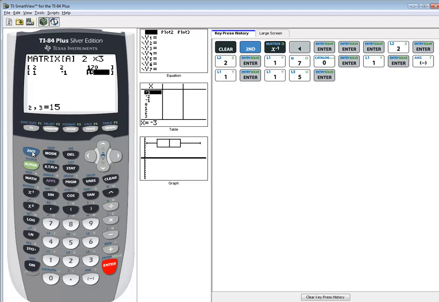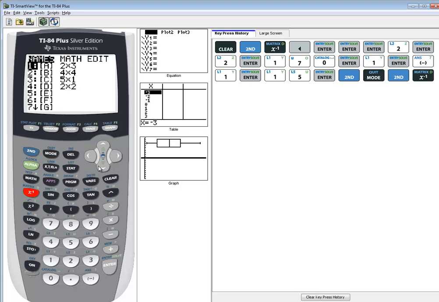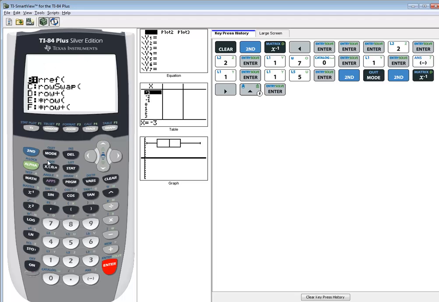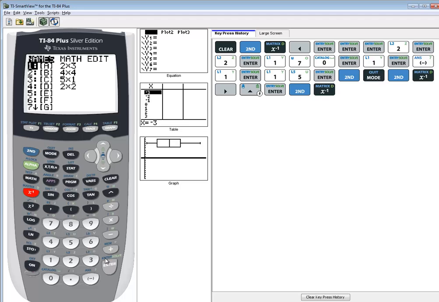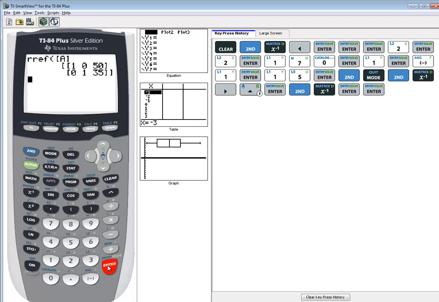Then I'll exit out. Go back in the matrix menu, second x negative 1, right arrow to math, up arrow to RREF. Press enter. Go back in the matrix menu, do enter on A, enter again.